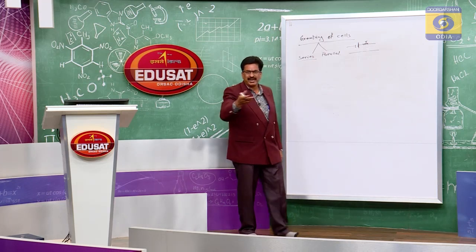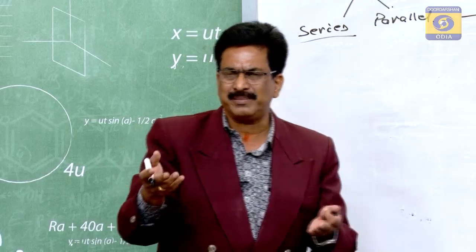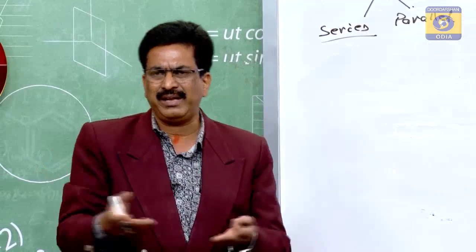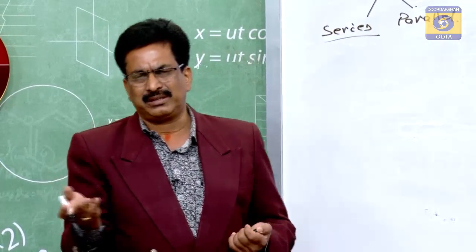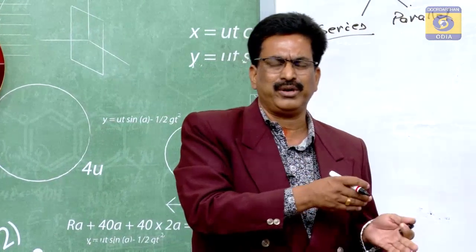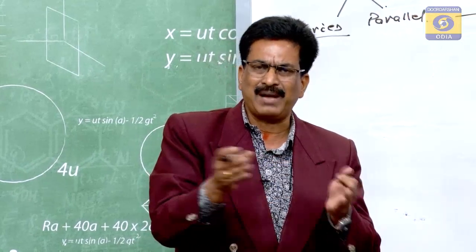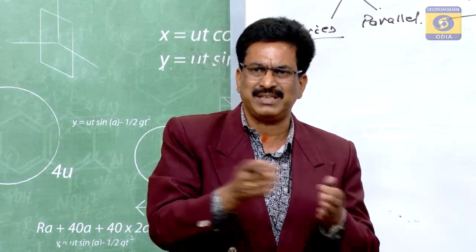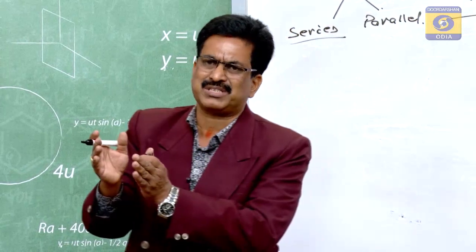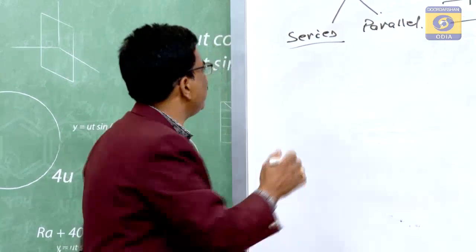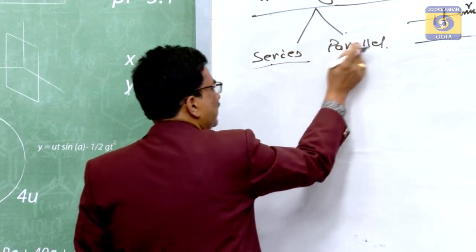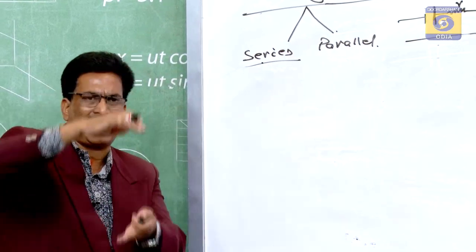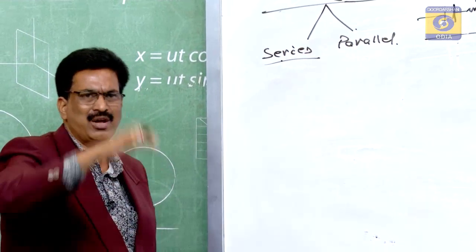Also, in a cricket series, there are three one-day matches or three T20s, or a 5-set, 3-set or 7-set series, where one completes and another one starts. When the grouping is made that way, it is series. In parallel, they are of similar size and placed side by side.